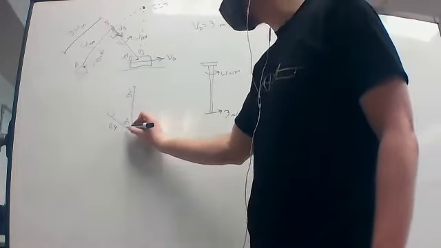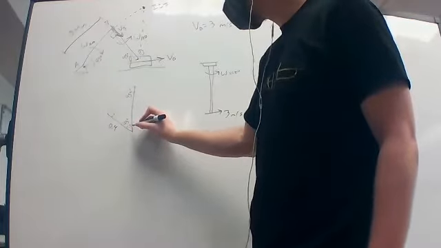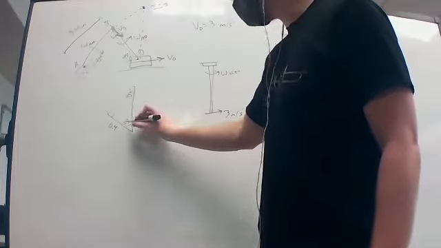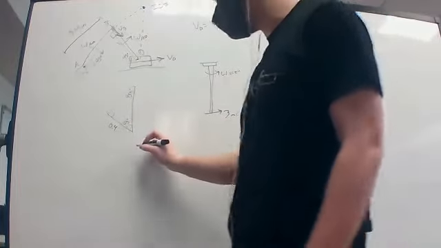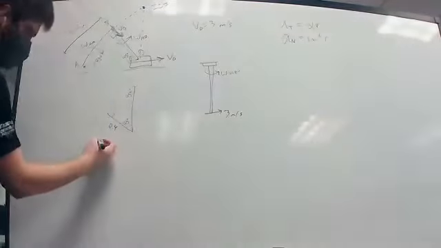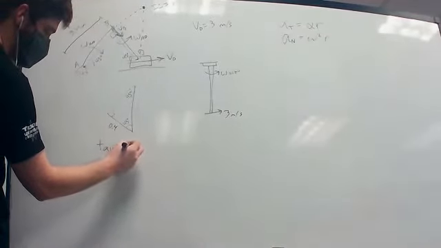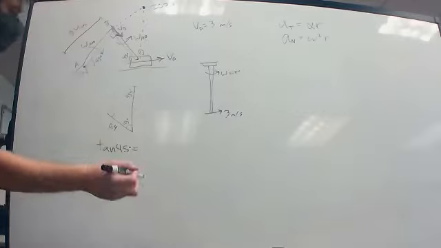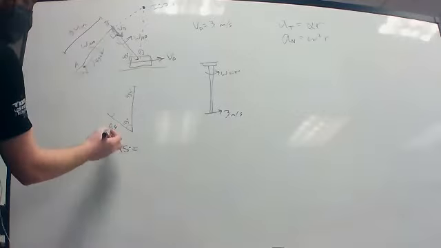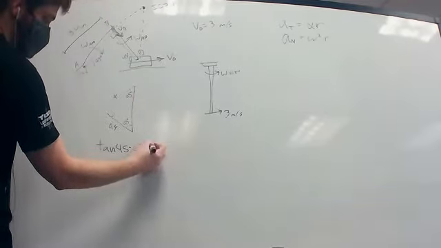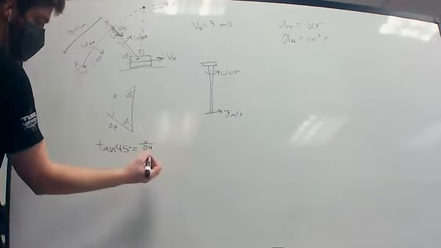So starting from, yeah, this would be our hypotenuse. Okay, so starting from this angle, we can say tangent of 45 is going to be equal to opposite over adjacent. Our unknown, I'm just going to call this x, over 0.4.